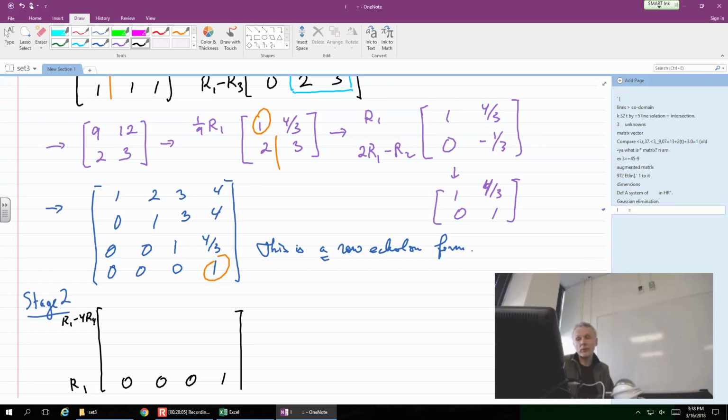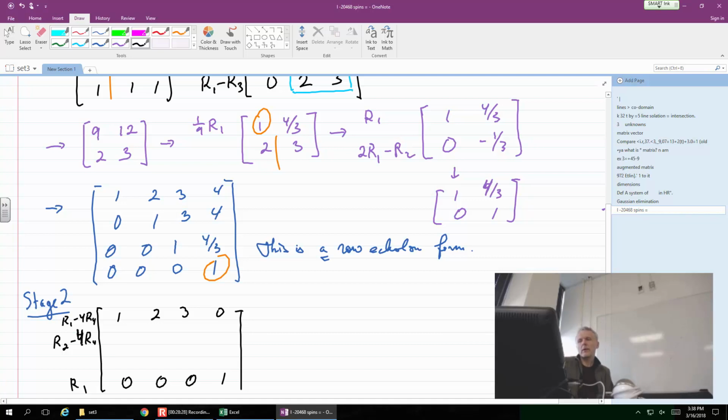You can see how things work out. So what does the first row look like now? 1 2 3 0, right? Notice that nothing has happened. It was 1 2 3, and then still 1 2 3. And the second row, I will have the same operation. It will be R2 minus 4 R4.